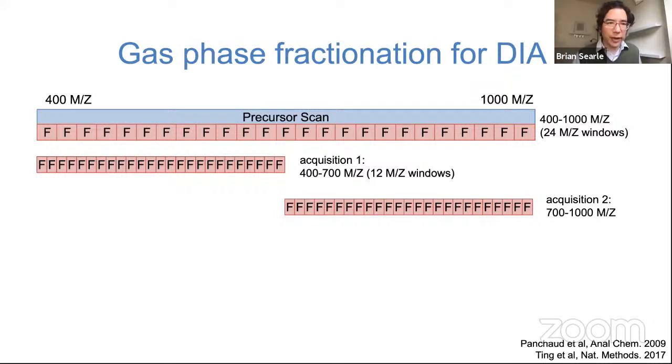So if you have the ability to spend multiple acquisitions, we find that this is a very accurate, very good way of dealing with this, as described originally by Dave Goodlett's lab in 2008, 2009, and again reused in this particular case for modern DIA in Sonia Ting's paper in 2017.